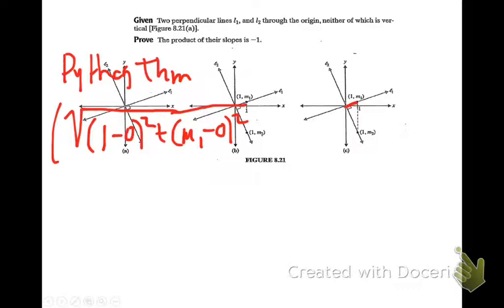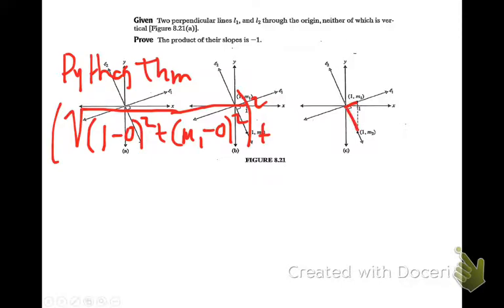from 0 to the M2, which is going to be plus. So this was squared. Okay, that first distance we found, we're squaring that. Now we're finding this distance right here.